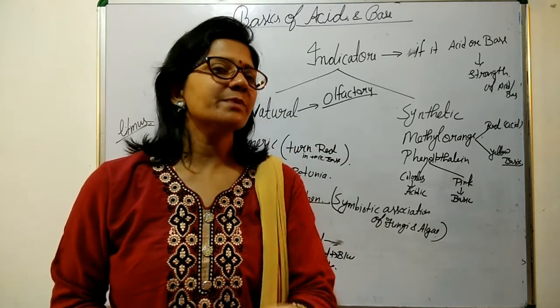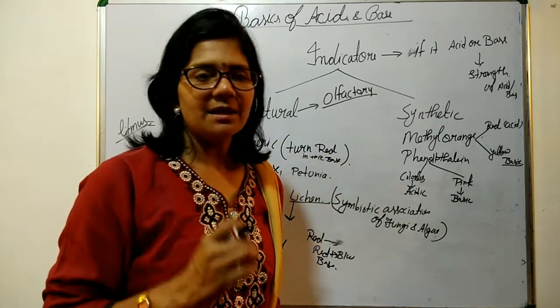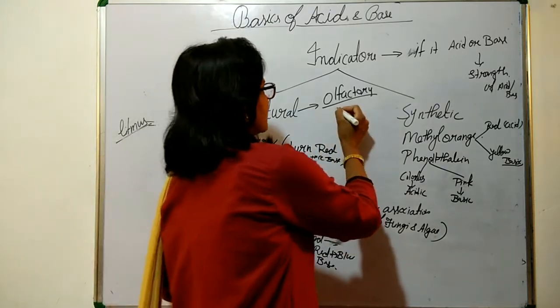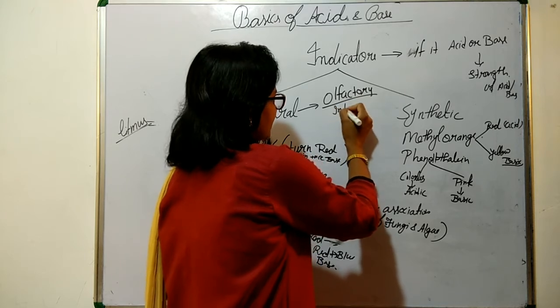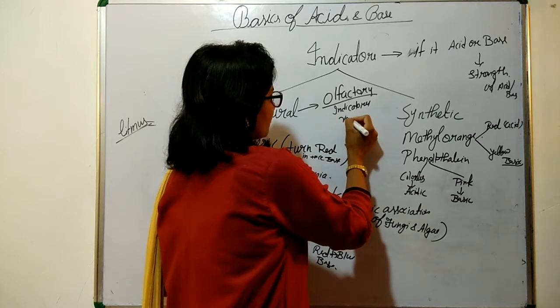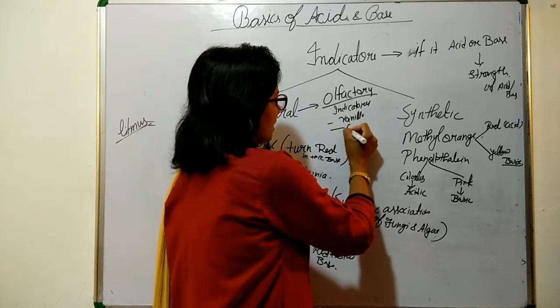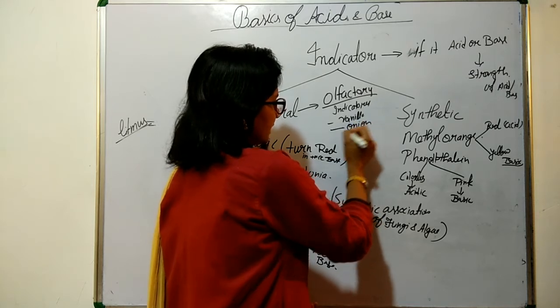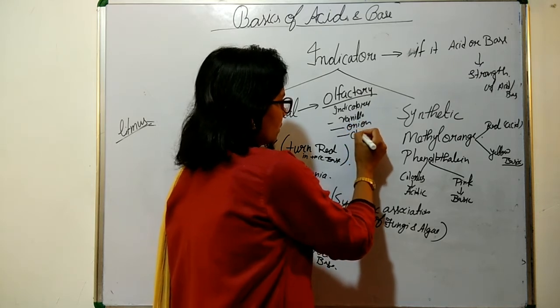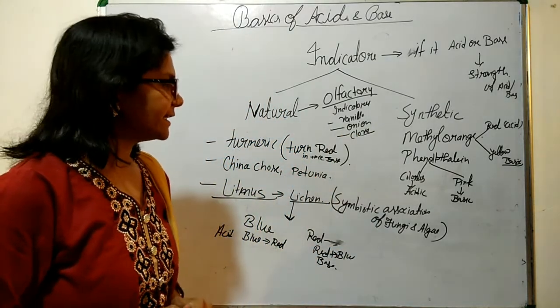If the smell is present, it means they are acidic. These are the olfactory indicators. Examples are vanilla essence, which we usually use, then onion, and clove also. So that is about the indicators.